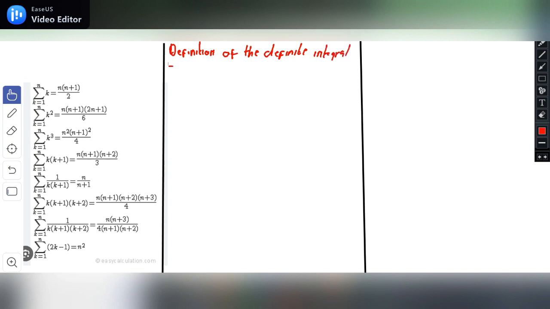So let's say the example one, it says find the area of the curve using the definition of the definite integral.